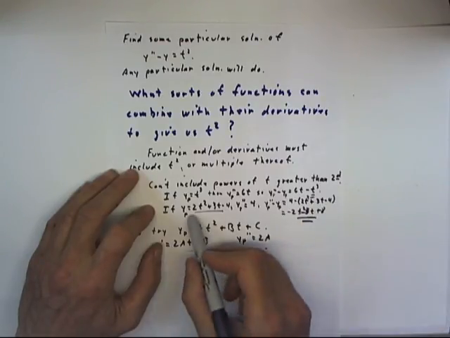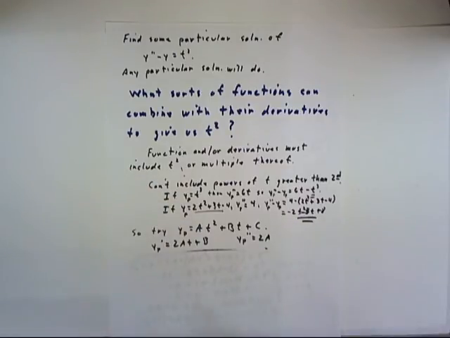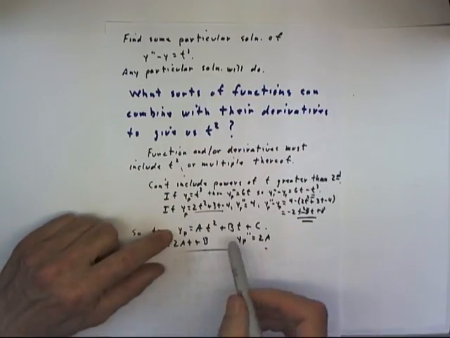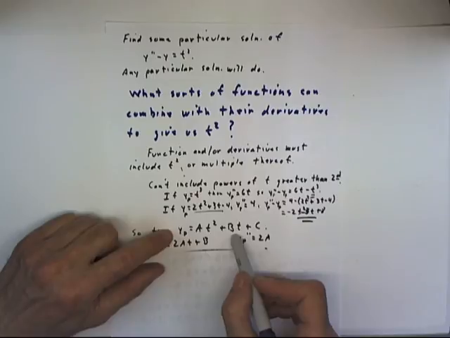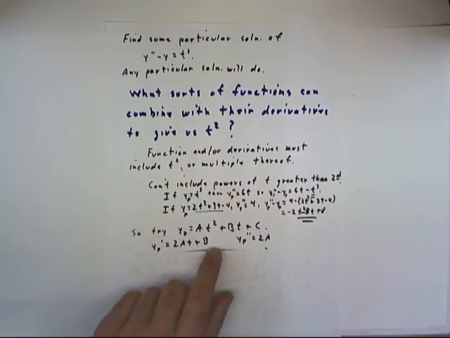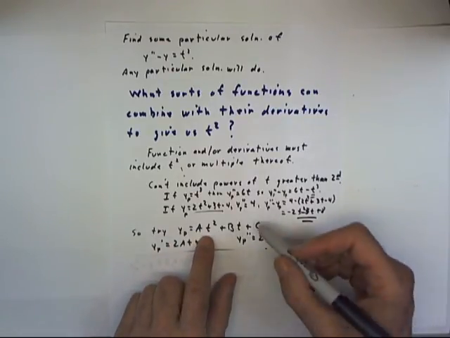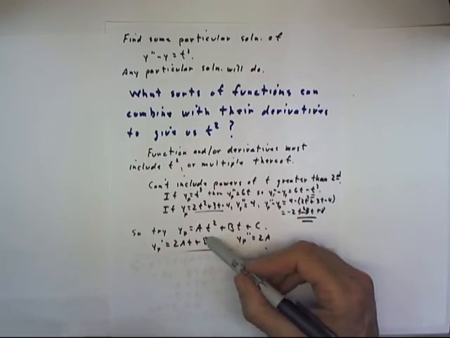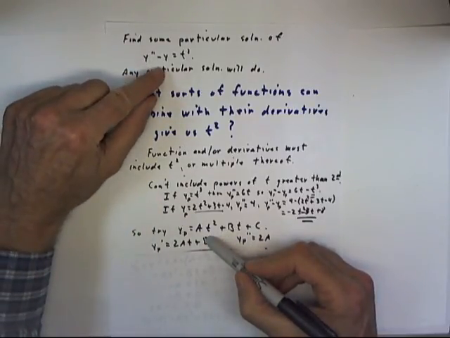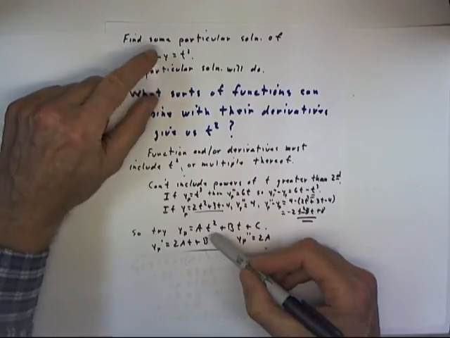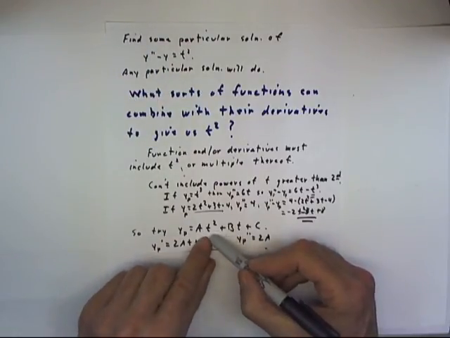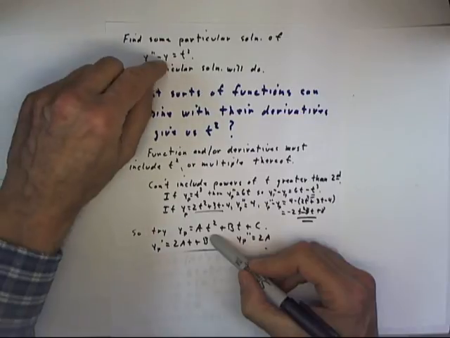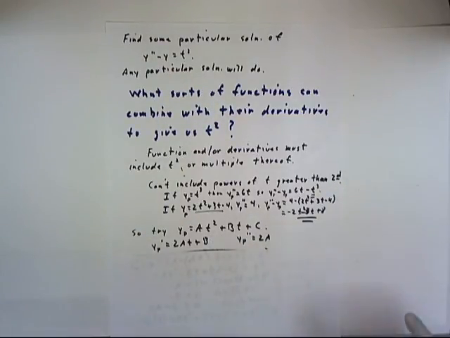That doesn't happen with this particular solution, but let's now try a particular solution of the form at squared plus bt plus c. This makes a certain amount of sense. It doesn't have any powers of t greater than 3, so we're not going to be stuck with any powers of t greater than 3 when we evaluate this left-hand side.